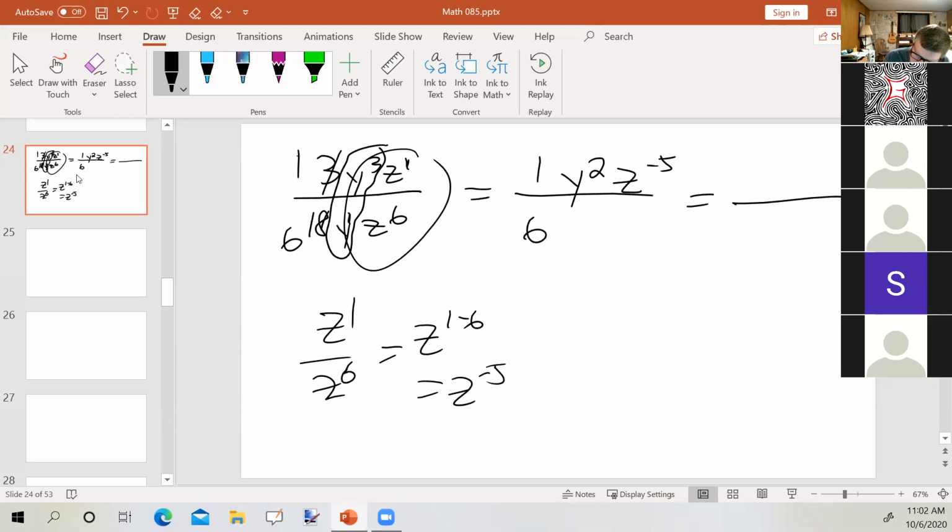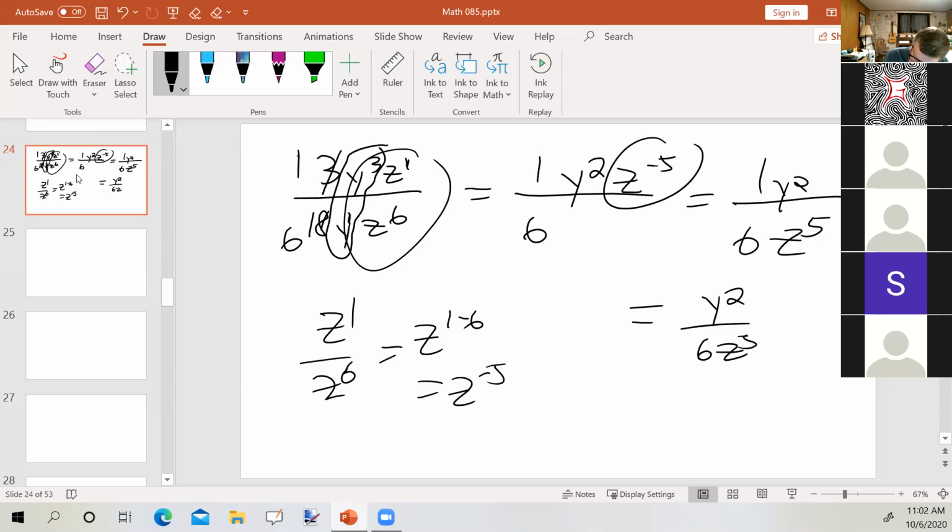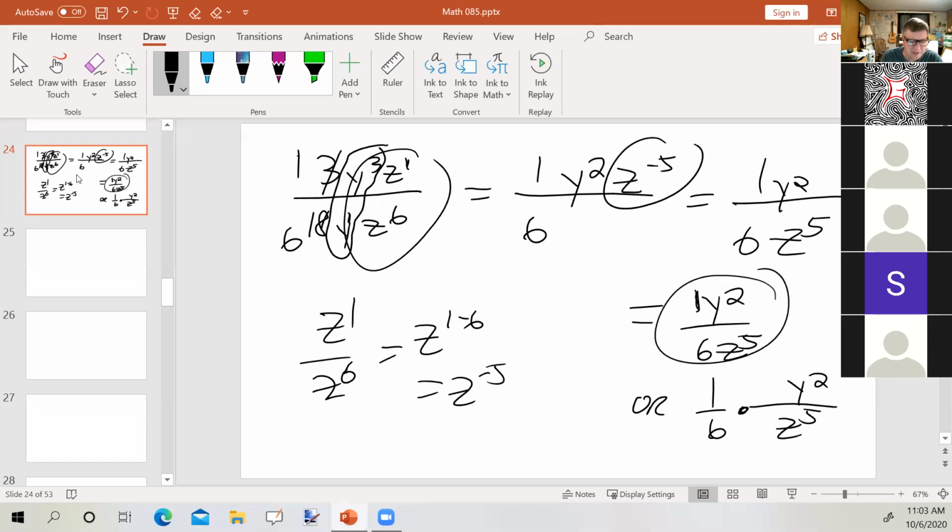But I could move this downstairs and make it z to the 5th power. So I've got y squared over 6z to the 5th, or I could write it as 1/6 times y squared over z to the 5th. Now, what I'm not sure about, because some students had issues the other day, if you put a 1 in this form, I don't think WebAssign likes it.